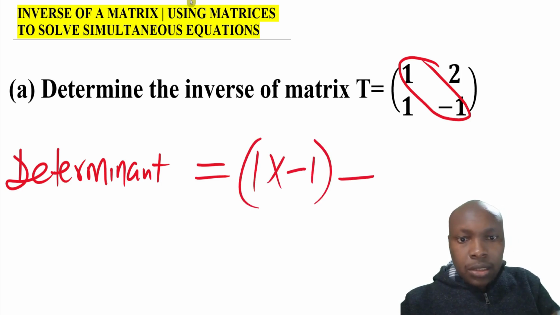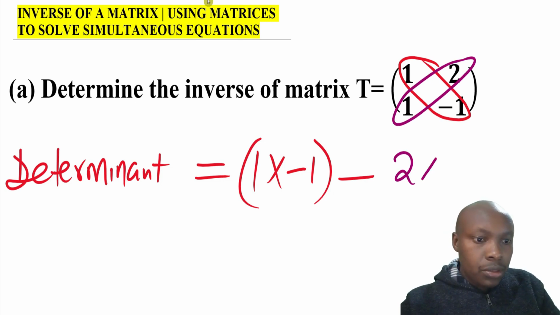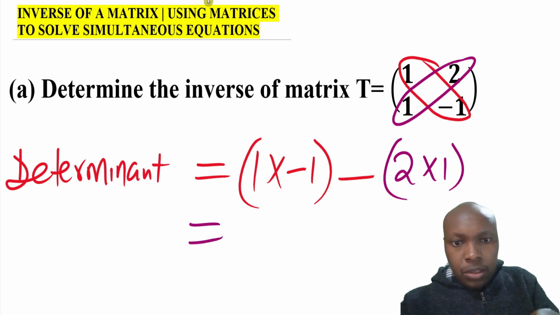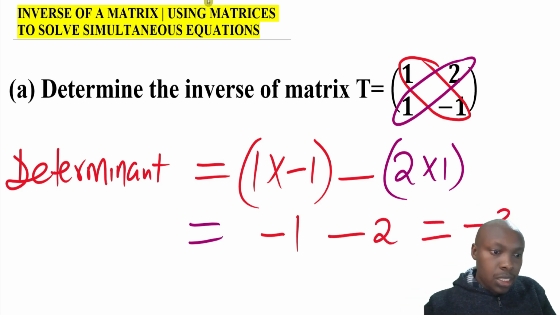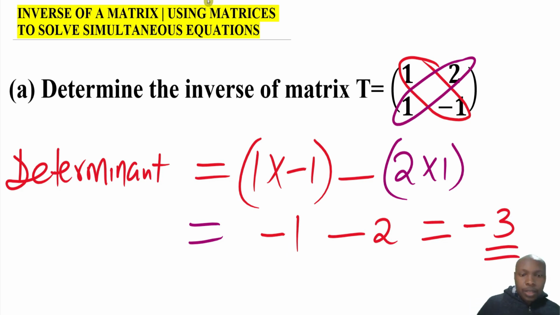Then we subtract the product of the other diagonal, which is 2 multiplied by 1. So you get -1 minus 2, and therefore the determinant is -3. That is how you get the determinant of the matrix.